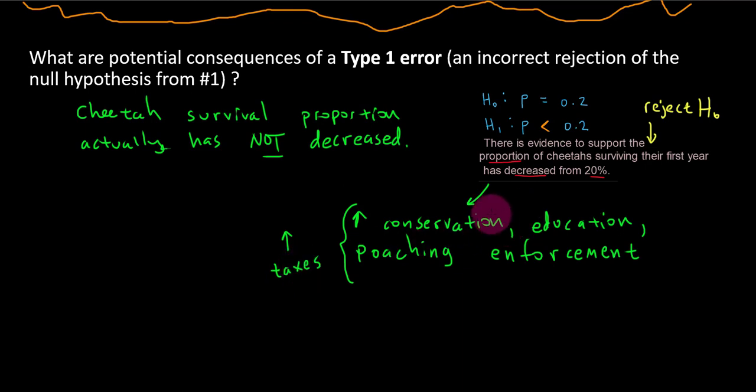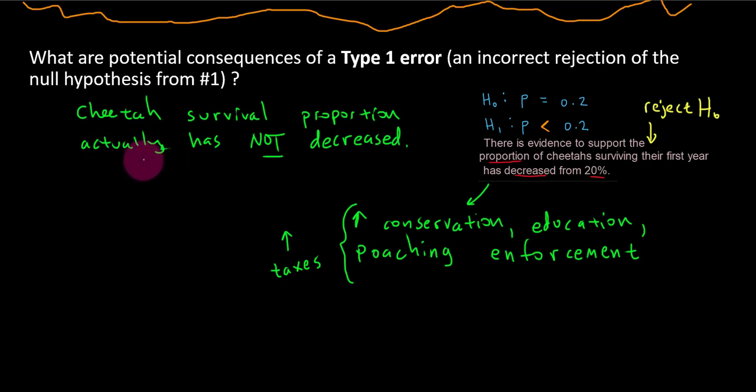So if this was your conclusion, that the proportion of surviving cheetahs has decreased, maybe you want to do something about it if you're part of the team. But if the sample that conclusion was based off of was inconsistent with the population, then maybe that proportion has not decreased.